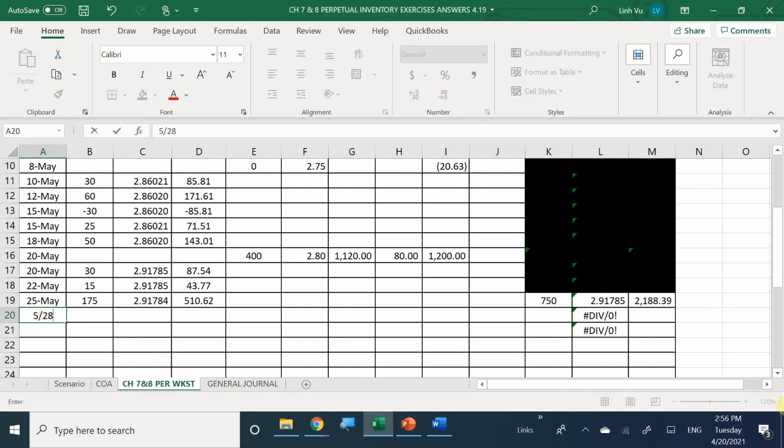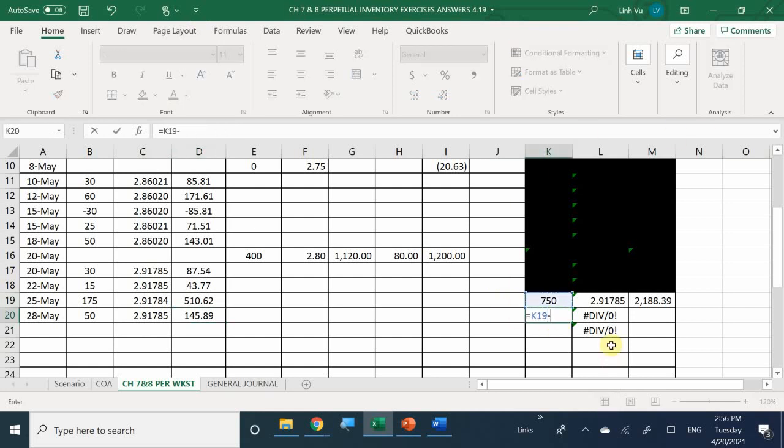It is now the 28th, and we sold 50 mugs at what cost per item? 2.9785. Good. Bringing our total cost of goods sold to 145.89. Good. Let's update our inventory.